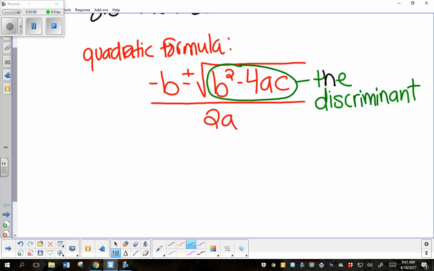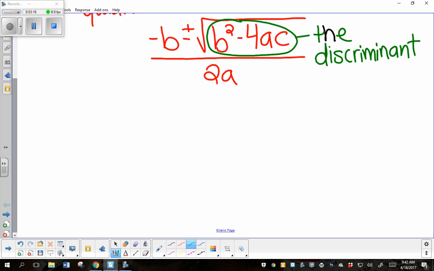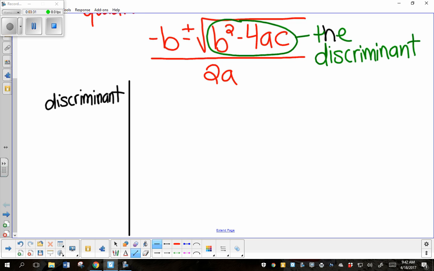So if you guys can see on my paper, see how I made this big table? We're going to make something like that on your paper. It took up probably about half a page on my paper. In our first column, we're going to talk about the different kinds of discriminants we could get.